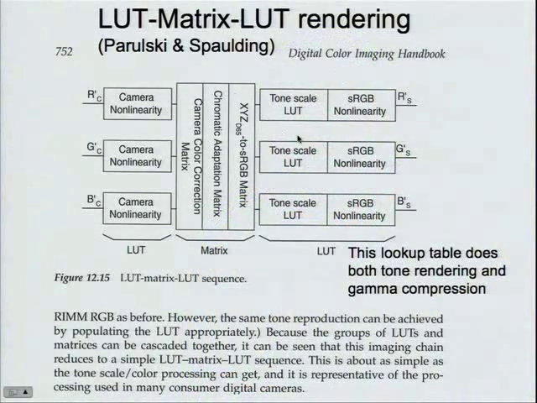And what the camera software typically does is it treats these things in a factored way, so you can reason about the different parts of it, and then it composes them all together, and it actually runs the data through a single 3x3 matrix transformation. There are some cases where a pipeline will have more than one matrix transformation and do some explicit operations in an intermediate color space in between them. So after that matrixing, there are these lookup tables where they've shown a single lookup table factored into 2 parts. There's a tone scale lookup table and an sRGB nonlinearity.